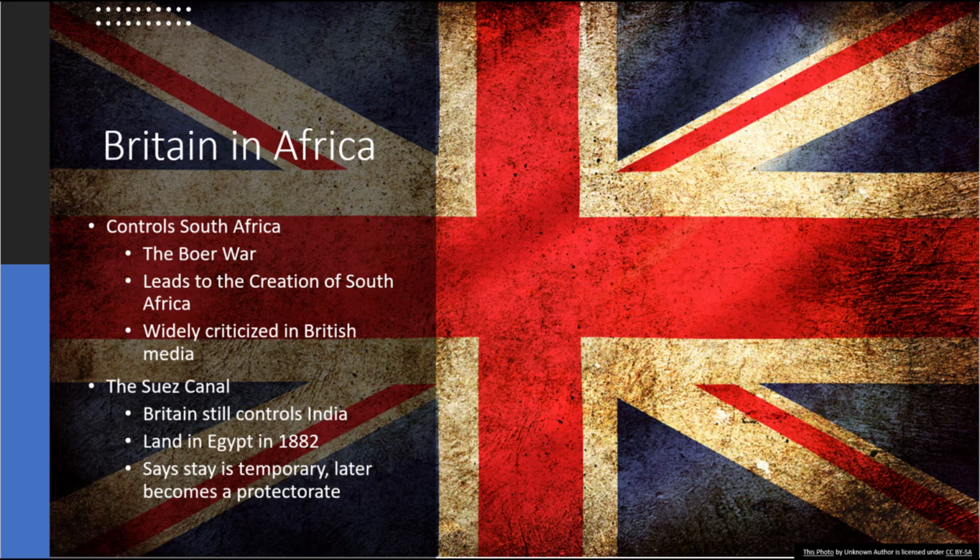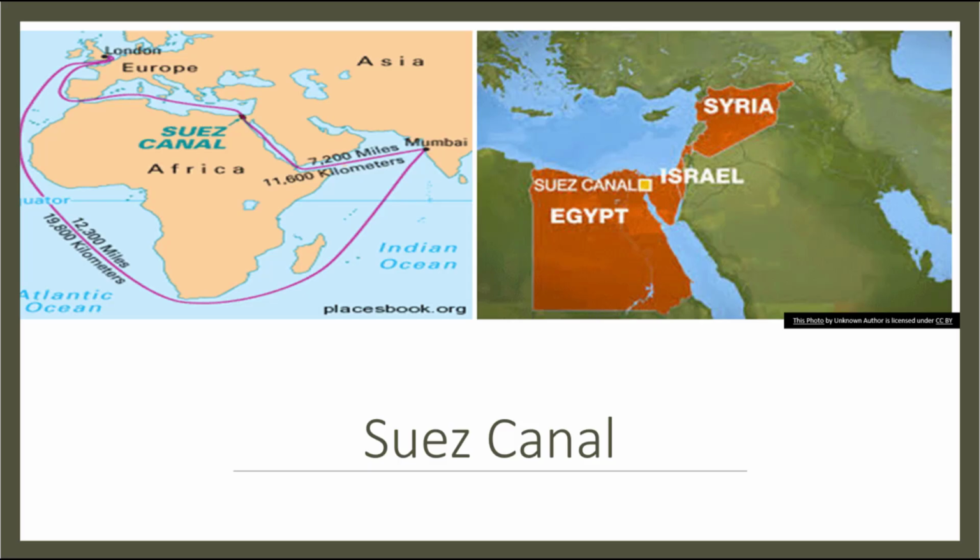Let's think back to some of the things we talked about in other lessons, which is how Britain controls India. They control them until after World War II. I'm going to use the mouse here. This canal right here allows you to cut through Egypt and get a faster route into India.